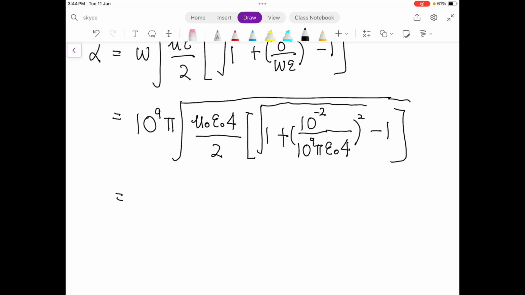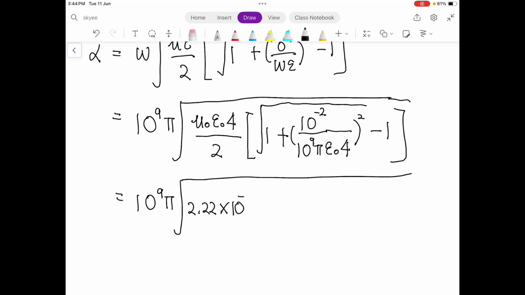So this one is 10 power 9 pi. And this is 2.22 times 10 power negative 17.